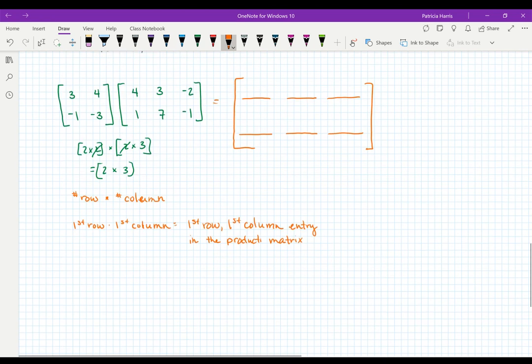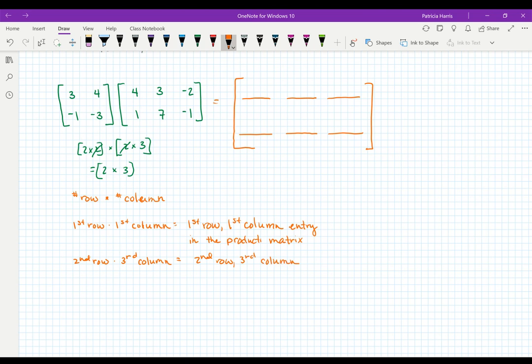So if you do the second row by the third column, that's going to give you the second row, third column entry.